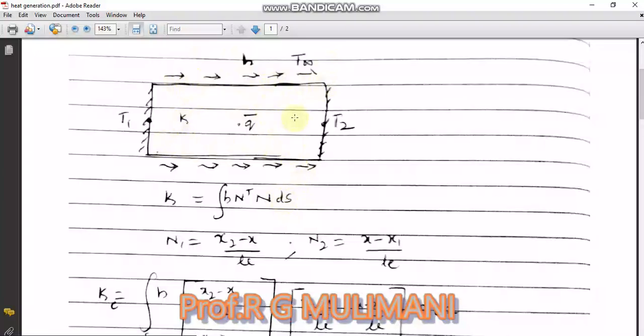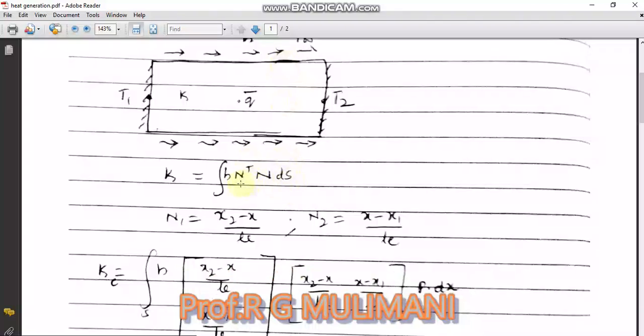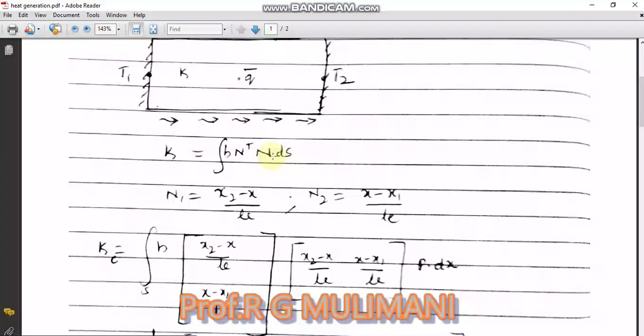In the earlier convection derivation, we considered the area, where the convection heat transfer was through the area. Now it is through the surface. So instead of dA we consider dS, and the required property is the convection heat transfer coefficient, taken as H here.